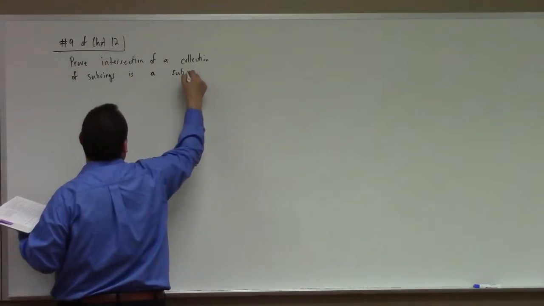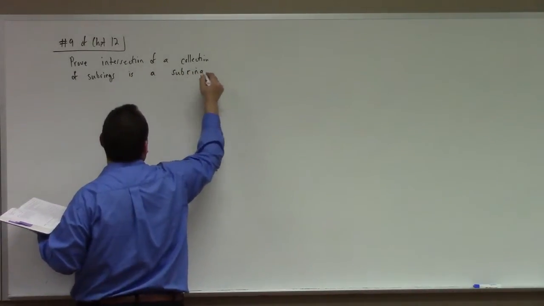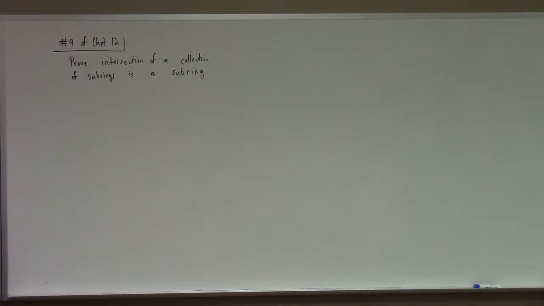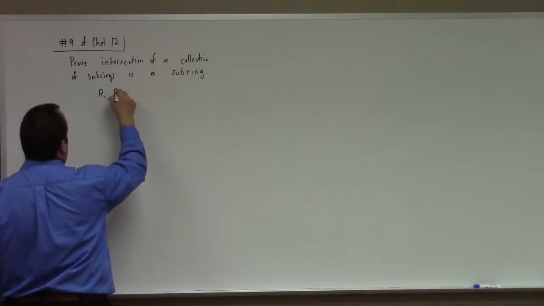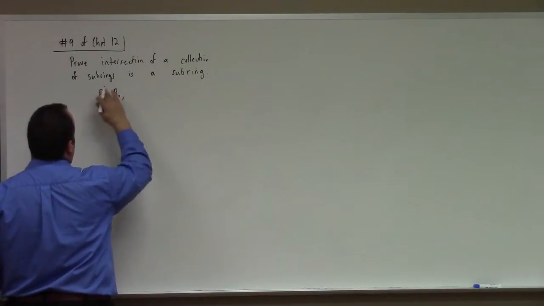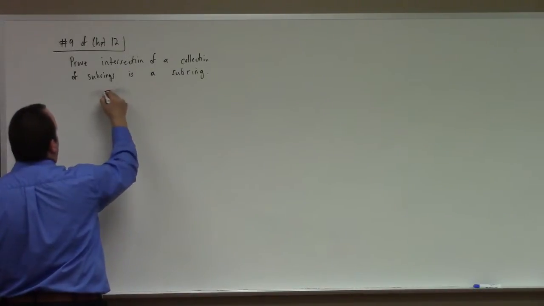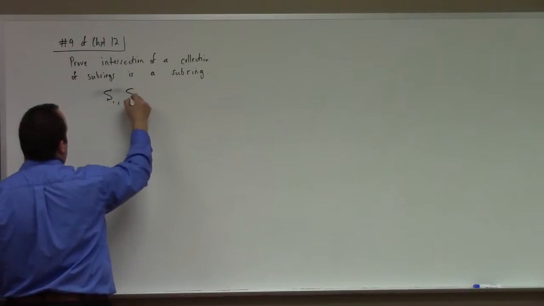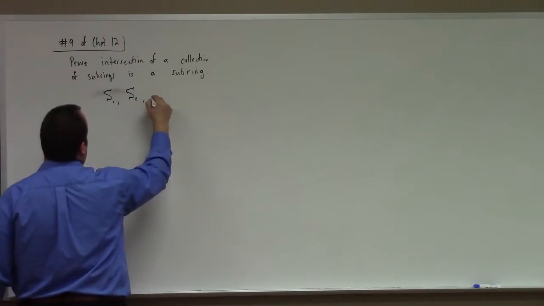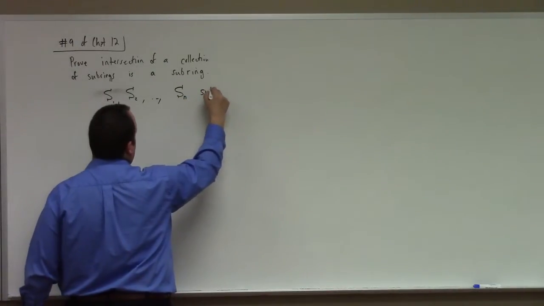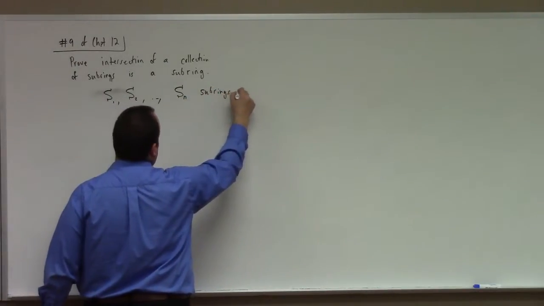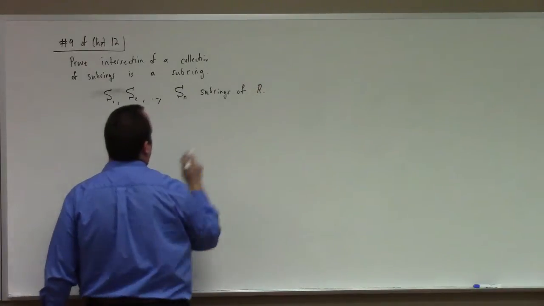Okay, so by collection here, I'm assuming he means that you've got R1, R2, S1, S2, let's say n of them, subrings of R, right?